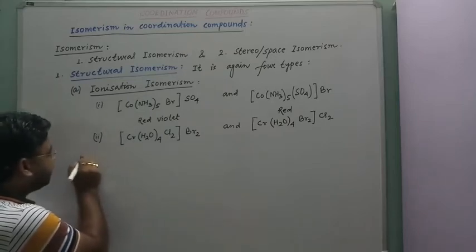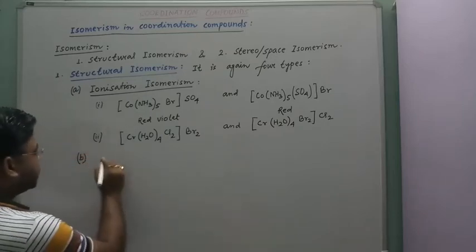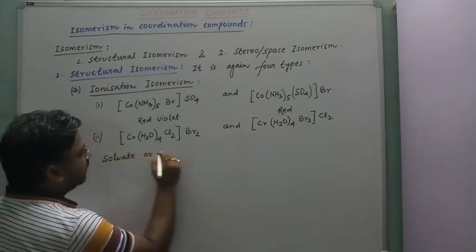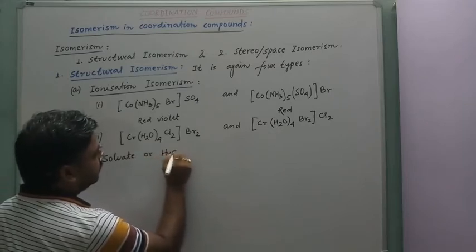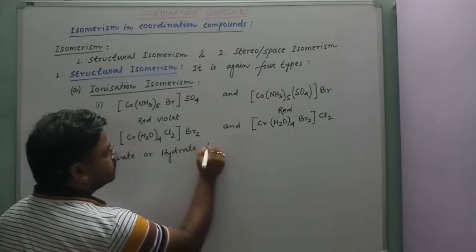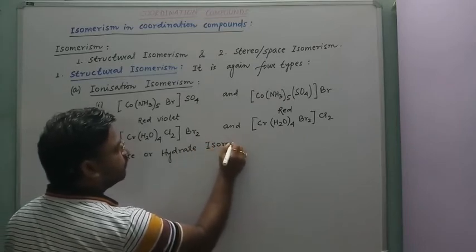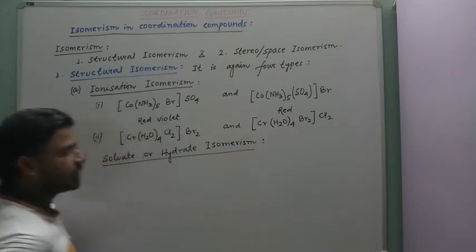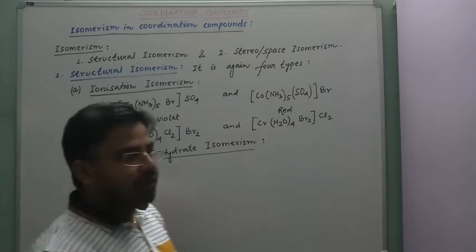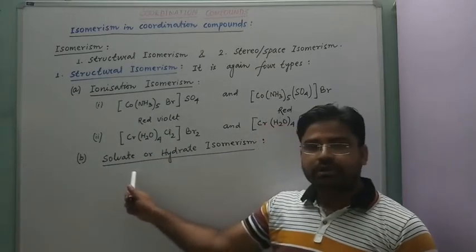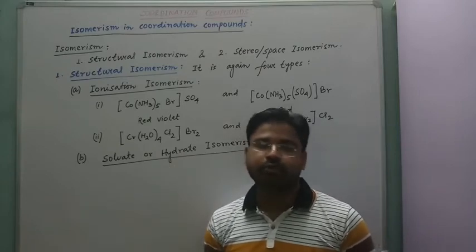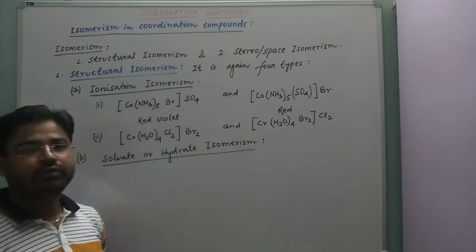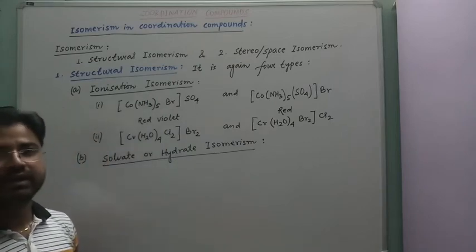Secondly, number B, solvate or hydrate isomerism. So what is solvate or hydrate isomerism? Two or more compounds which have the same composition but differ only in the number of solvent molecules present as ligand.